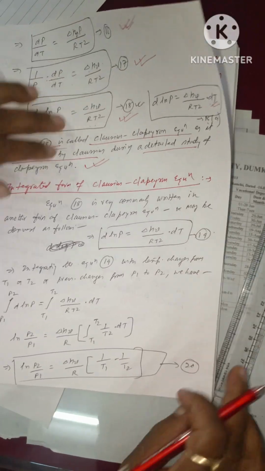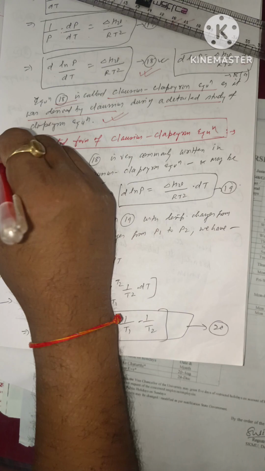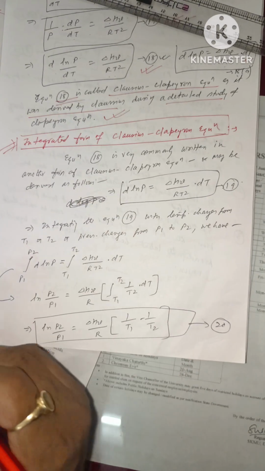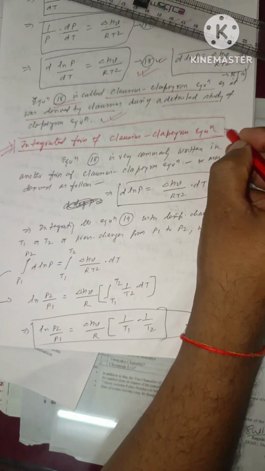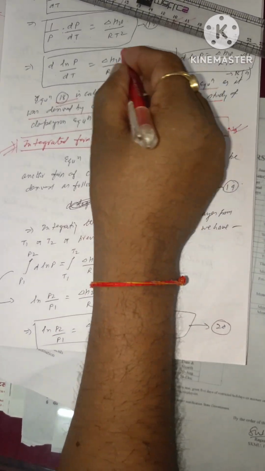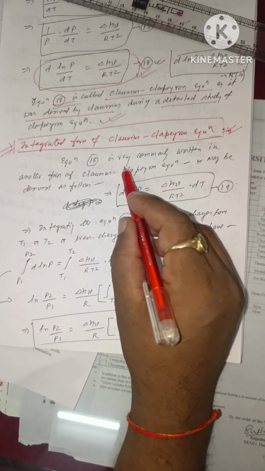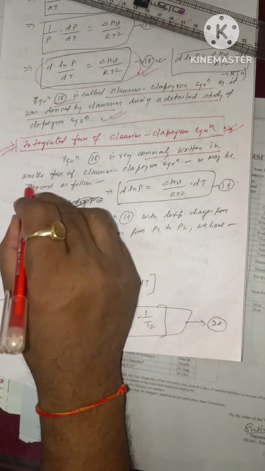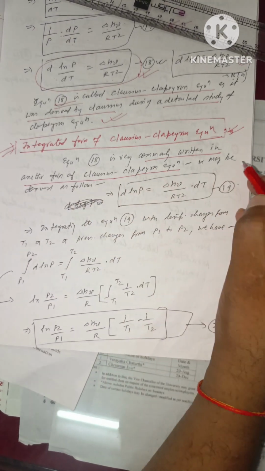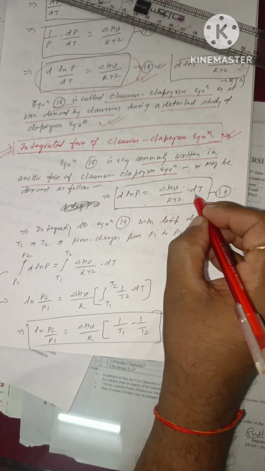Okay. Now, what is the integrated form of Clausius-Clapeyron equation? In exam, some question will be like, write down or deduce the integrated form of Clausius-Clapeyron equation. So from equation 18, that is d ln P by dT is equal to delta Hv upon RT square, it is very commonly written in another form, that is d ln P is equal to delta Hv upon RT square into dT.